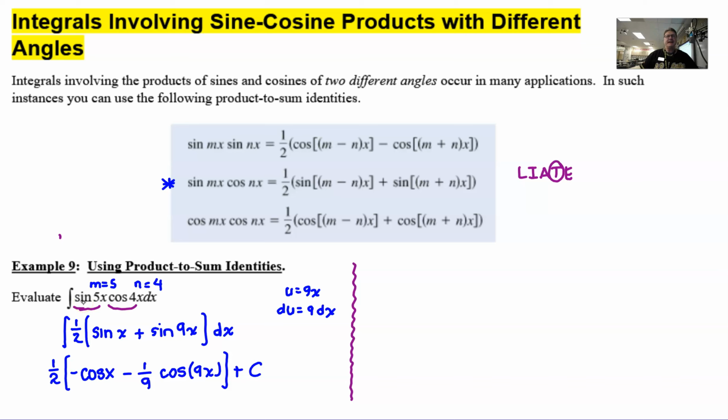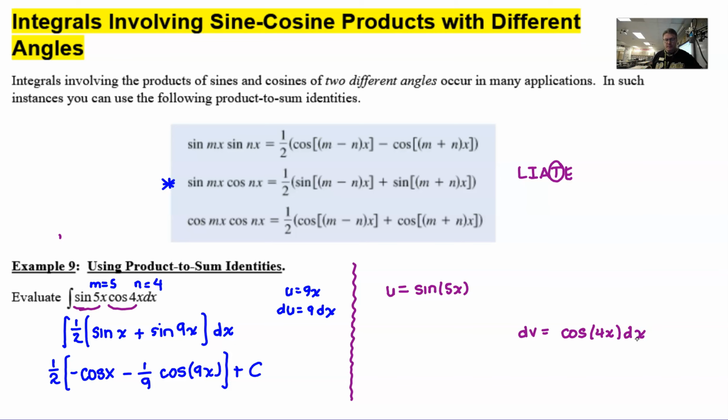Both of the components contain trig expressions. So that means that you can just choose whichever one you want to be your u and whichever one you want to be your dv. Don't worry about it. So let's let the sine of 5x be our u, and we'll let the dv be the cosine of 4x dx.